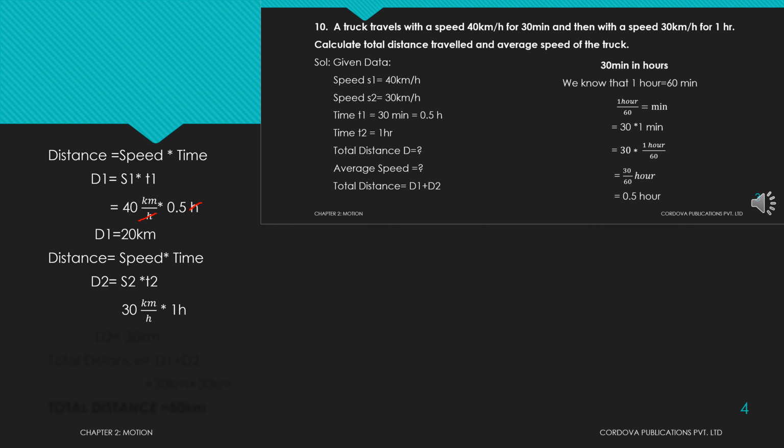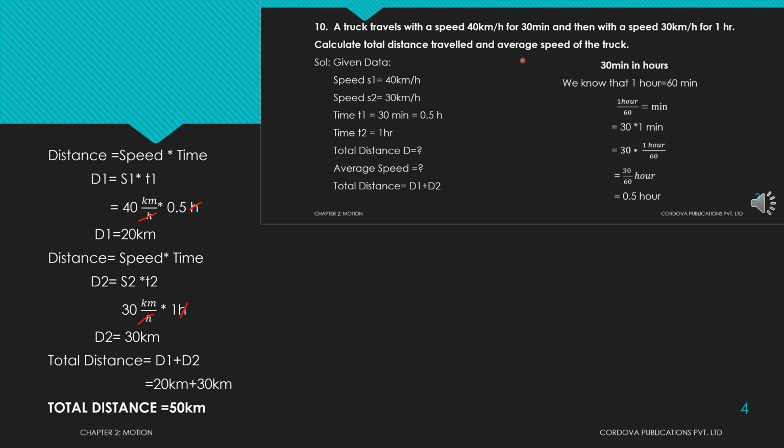Even here, 1 hour in the denominator and 1 hour in the numerator get cancelled. 30 kilometer into 1 becomes 30 kilometer. Now you have the D1 value and D2 value. Now you can substitute in the total distance formula. So by substituting, you will get 20 kilometer plus 30 kilometer, 50 kilometer. Now we got the total distance.